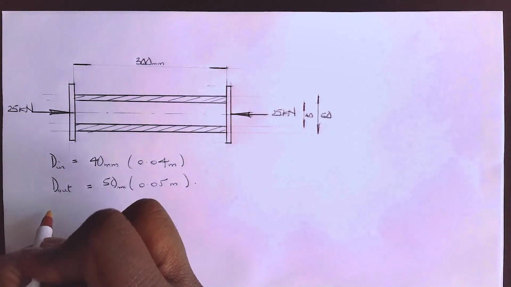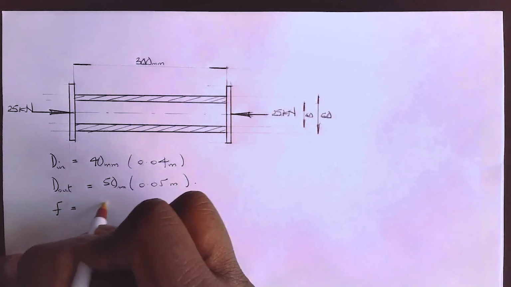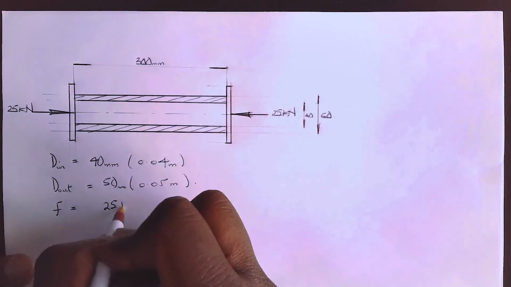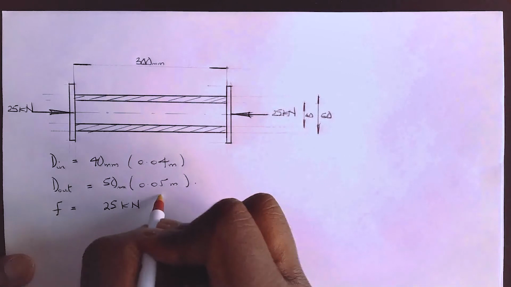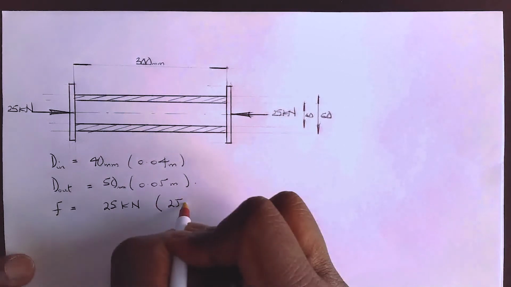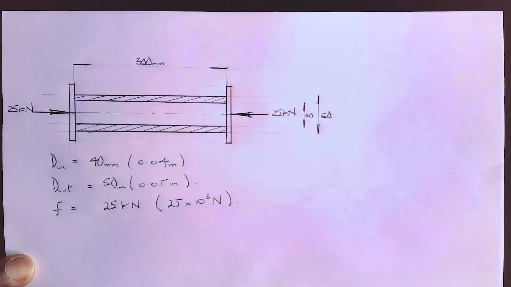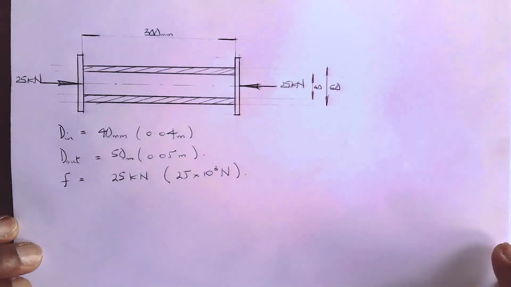The deforming force, or the compressive force, is 25 kilonewtons, which is the same as 25,000 newtons. So what else do we need to know?